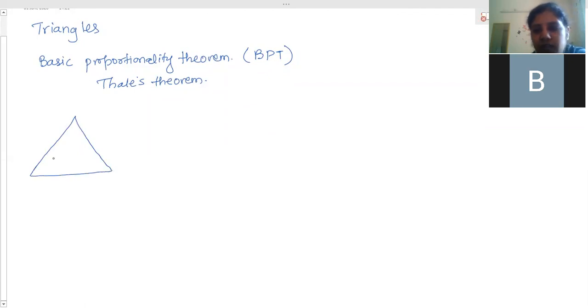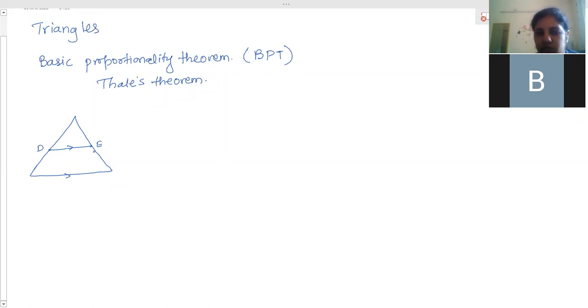In a triangle, a single line which intersects two sides of the triangle at two distinct points. Suppose D and E are the two distinct points. A line joining two distinct points of two sides of the triangle, if it is parallel to the third side, then this line divides the sides in equal proportion.